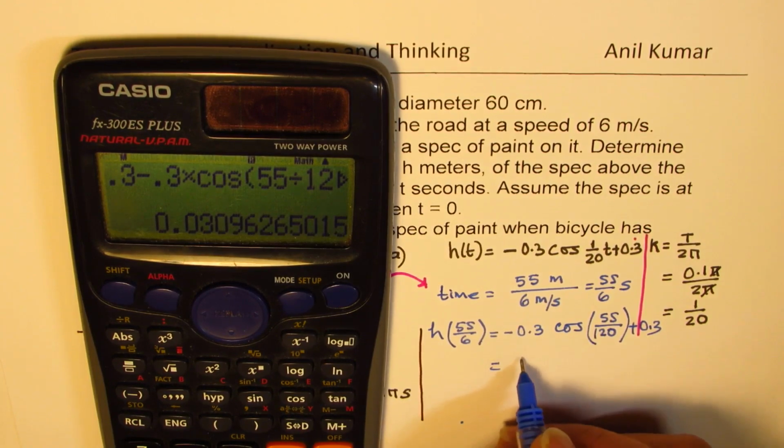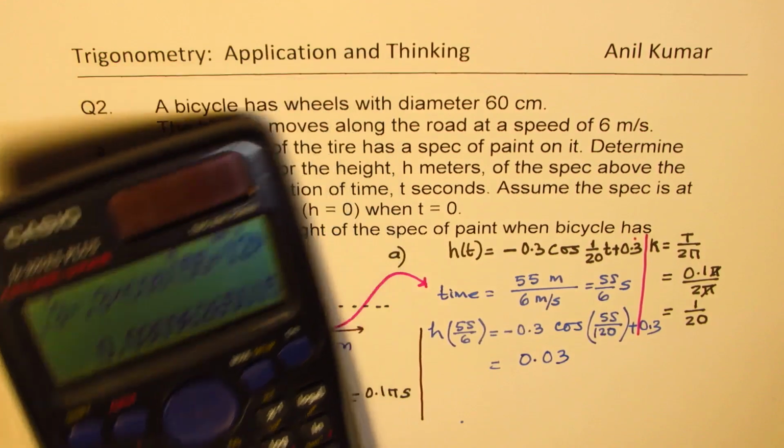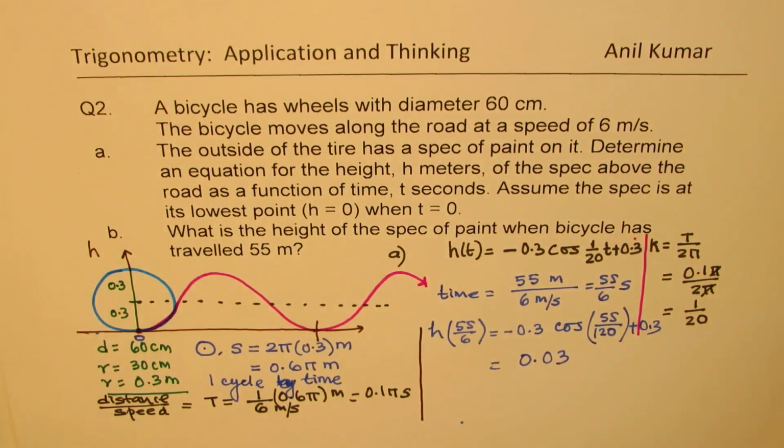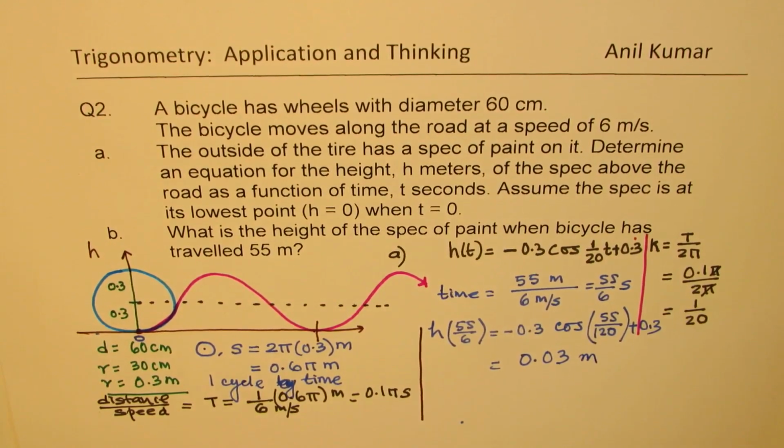So we get this as equal to 0.03, right? So that is the height in meters for the given speck when the distance traveled is 55 meters. Correct?